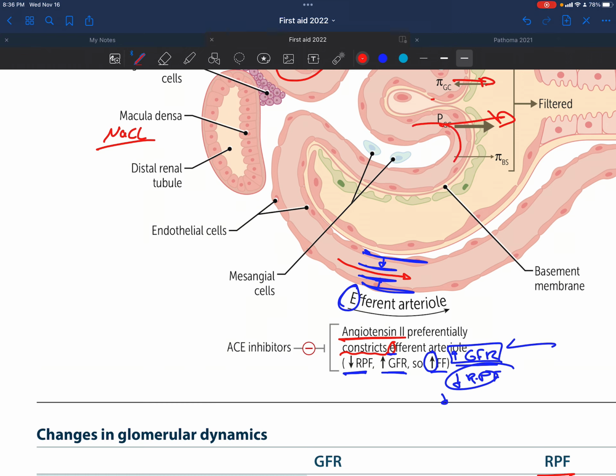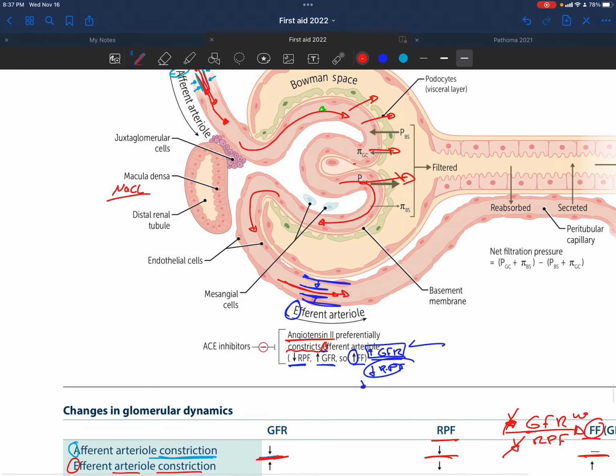It flows normally within the glomerulus, but it's really hard for it to move to the outside, which means the blood has to stay within the glomerulus for a longer period. Because it stays here a longer period, there's of course more filtration, more time to filter stuff from within the glomerulus into the Bowman space.